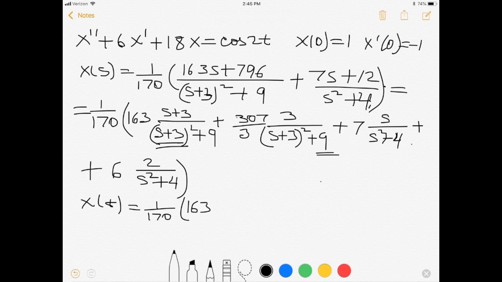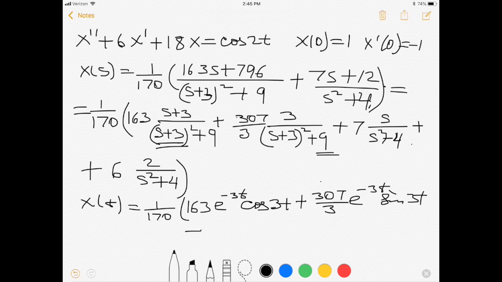S plus 3 shows me I have e to the negative 3t, first this will be cosine 3t, plus 307 over 3 e to the negative 3t sine 3t, and plus 7 cosine 2t plus 6 sine 2t.